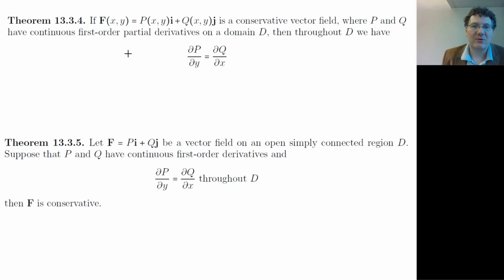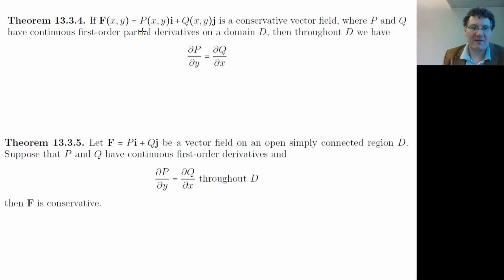Here we're going to look at the case where we have a two-dimensional vector field F, where we can write it as P of x,y i plus Q of x,y j.